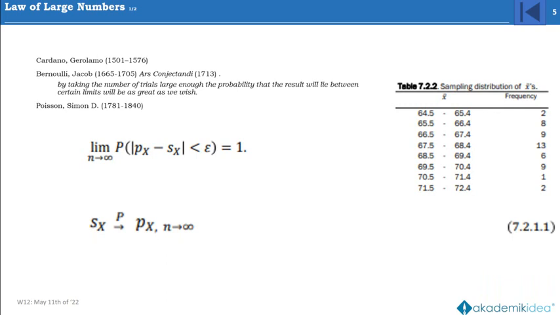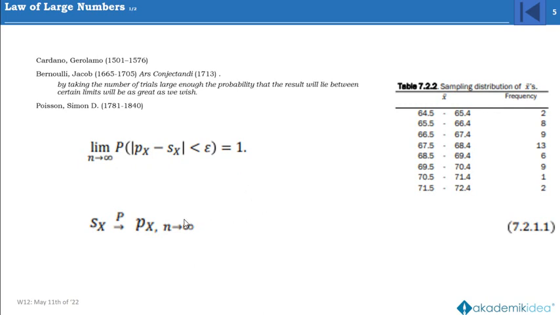Interpreting this result, the weak law states that for any non-zero margin specified, no matter how small, with a sufficiently large sample, there will be a very high probability that the average of the observations will be close to the expected value, that is, within the margin.